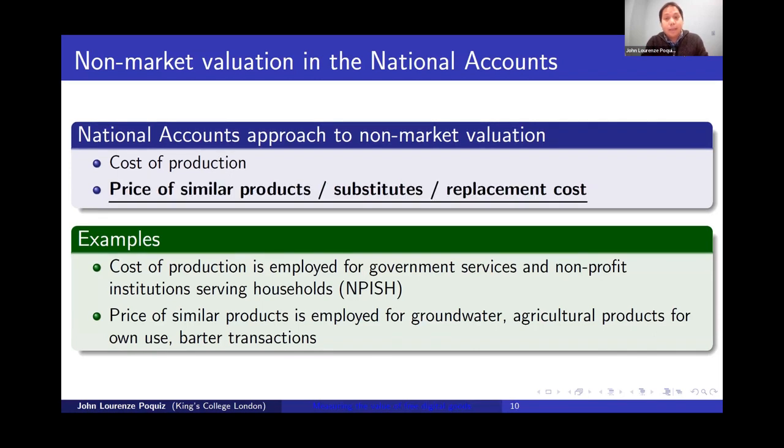Now, for our particular purpose, what we choose is to use the price of goods from similar products, or the replacement cost approach, or substitute approach, whatever you want to call it.